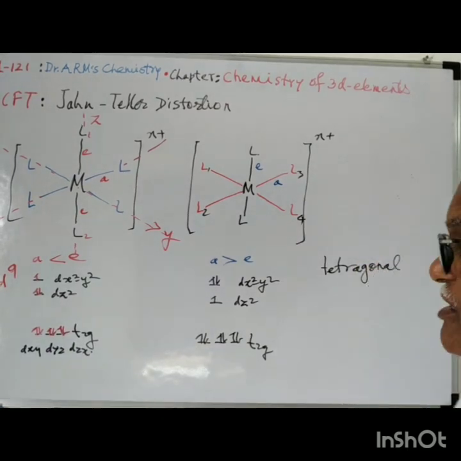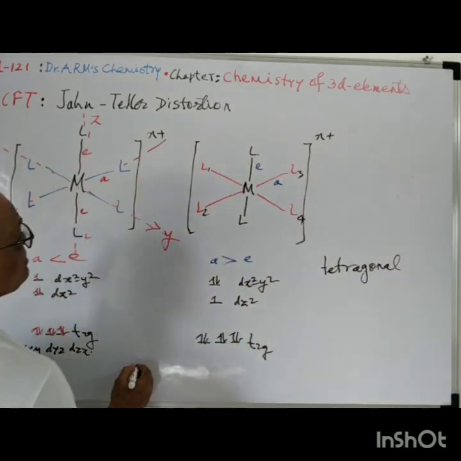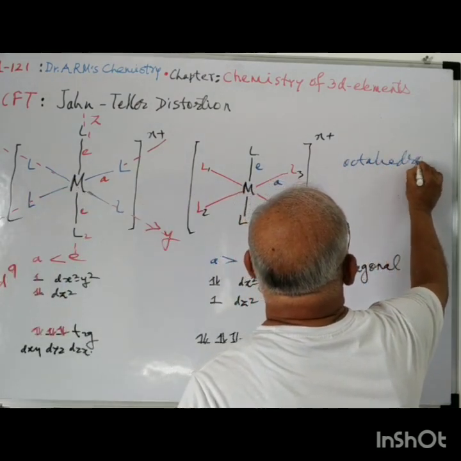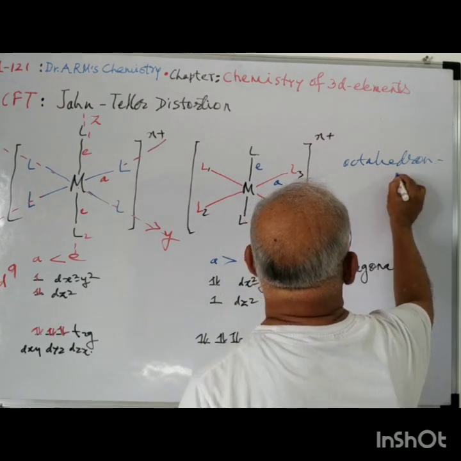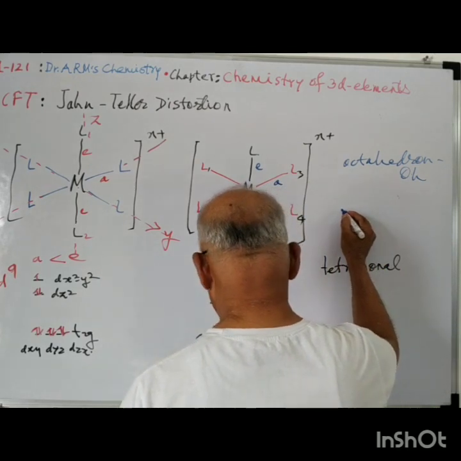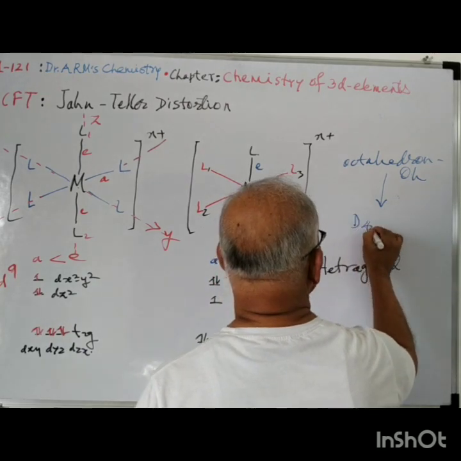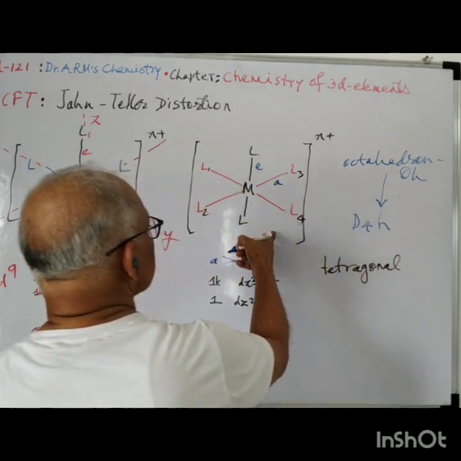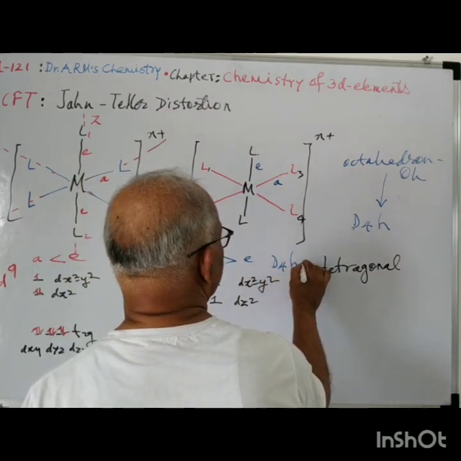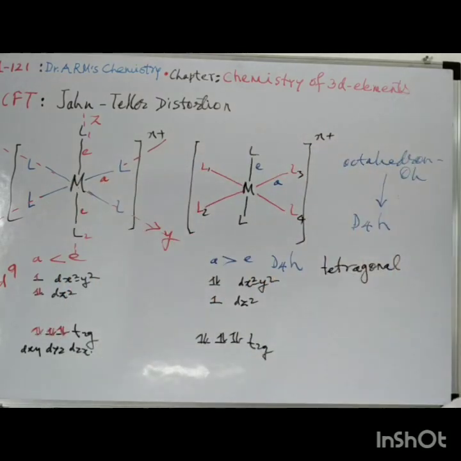For example, the octahedron has initially Oh symmetry, but this structure is changing to D4h. So these are called D4h structures, that is tetragonally distorted structures.